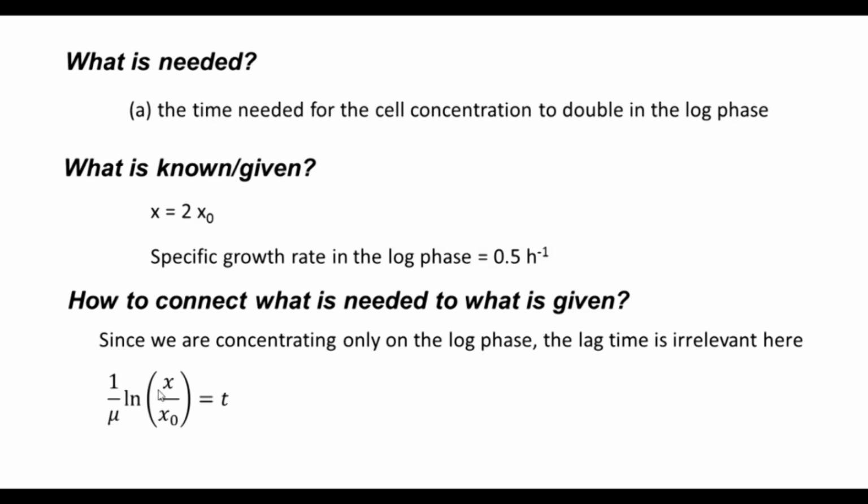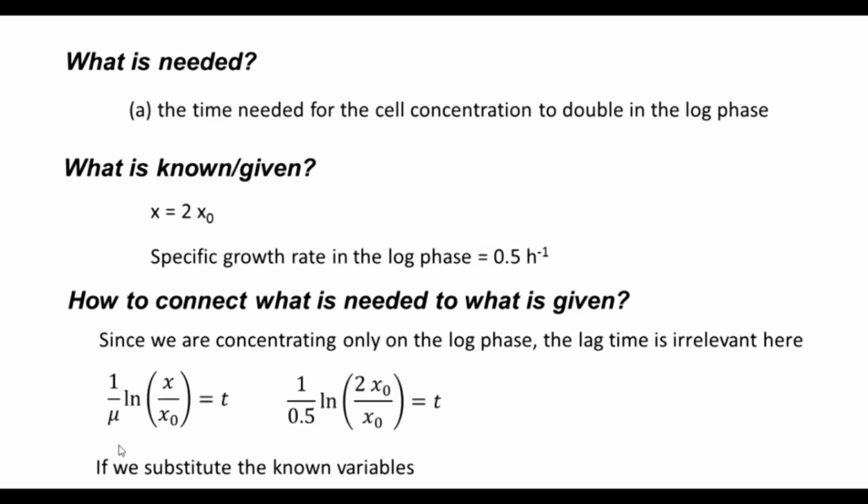Therefore, 1 by mu ln of x by x naught equals t. We don't have to worry about plus t naught, which is actually the time from the beginning of the batch. So we are concentrating only on the log phase here. If we substitute the known variables, 1 by mu is 1 by 0.5, x required here is 2 x naught, by x naught, x naught can get cancelled.